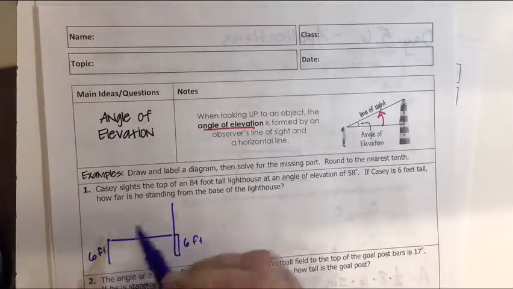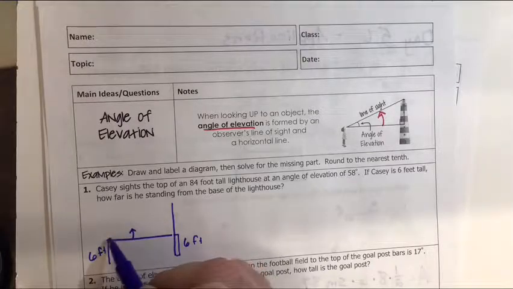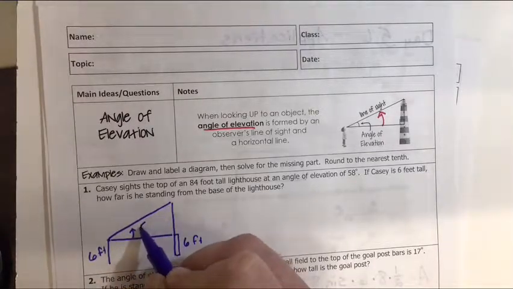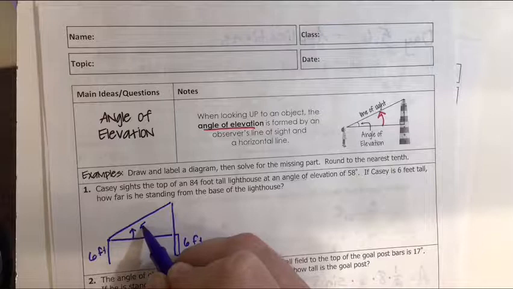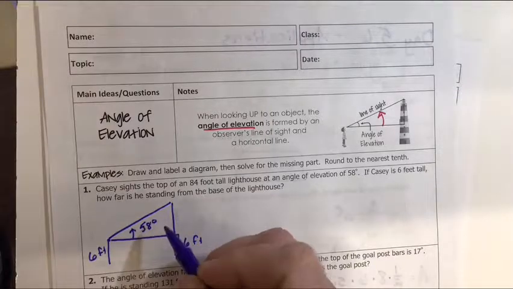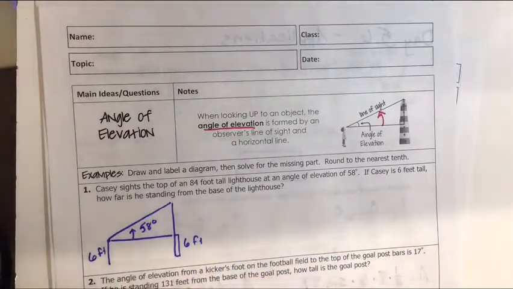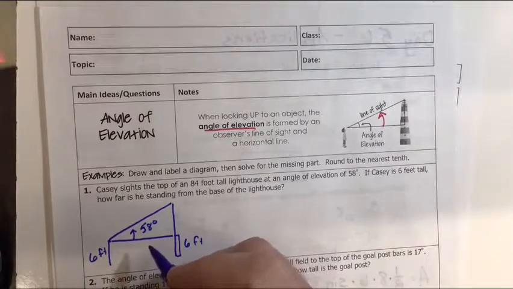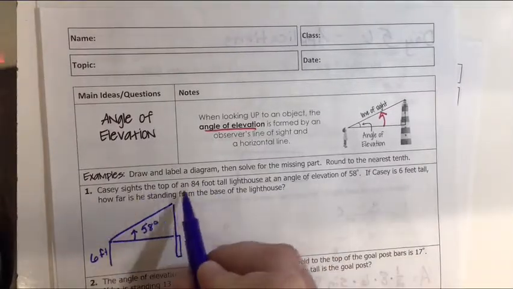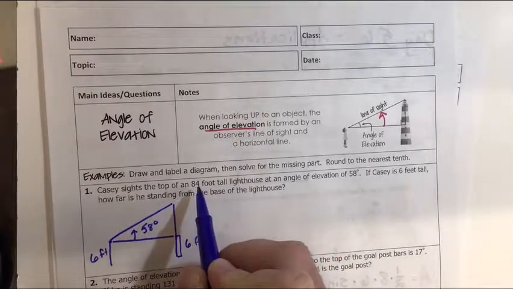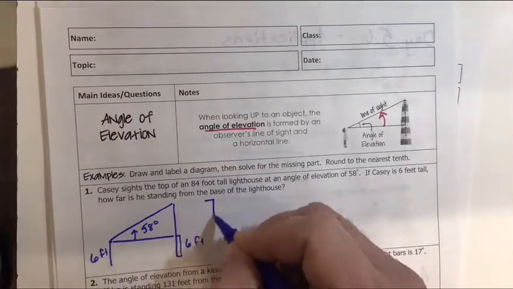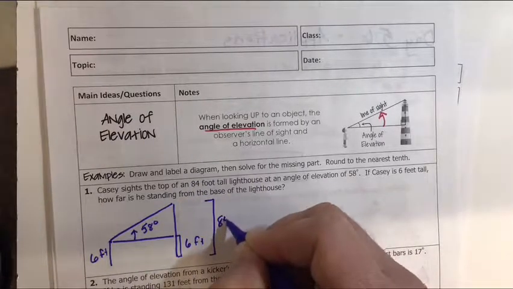The right triangle comes when Casey looks up at an angle of 58 degrees. Now, that is given to us. They also tell us that the top of the lighthouse is 84 feet above the ground, so this entire height is 84.